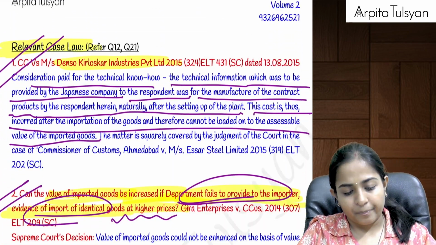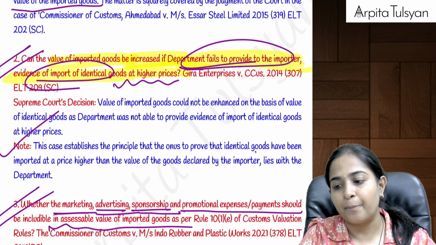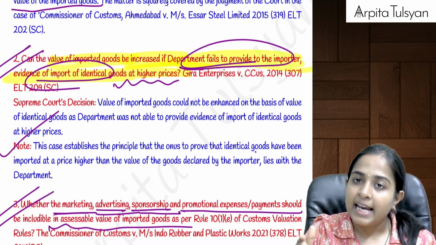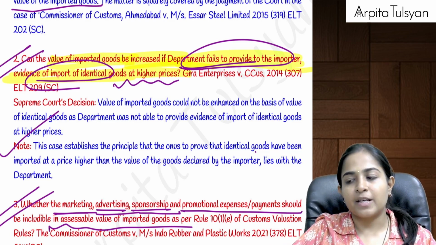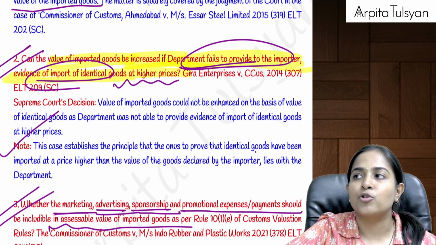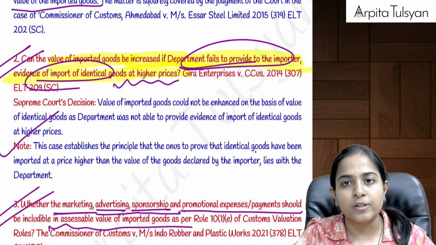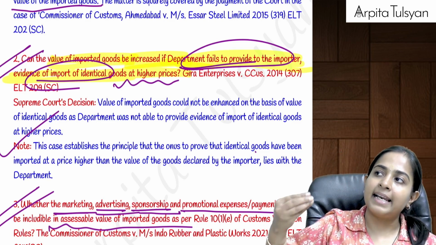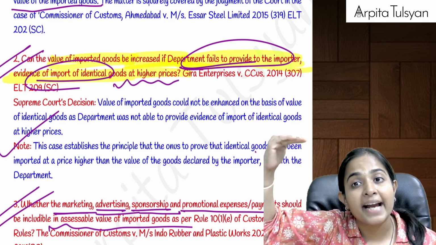Yes. Okay. Then in the case laws, the second case law is very important, that is Gira Enterprises. You have got questions on this also. Here they are telling that suppose the department says that valuation has to be done as per rule number 4 of the import valuation rules, that is identical goods, and the department is telling us that the valuation will be done at some higher prices.